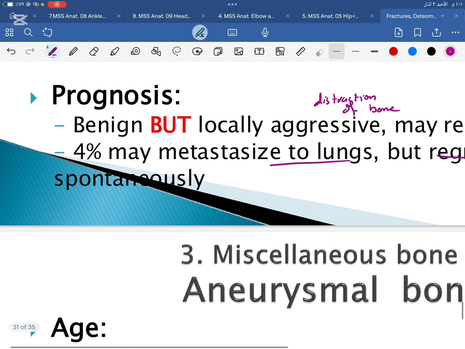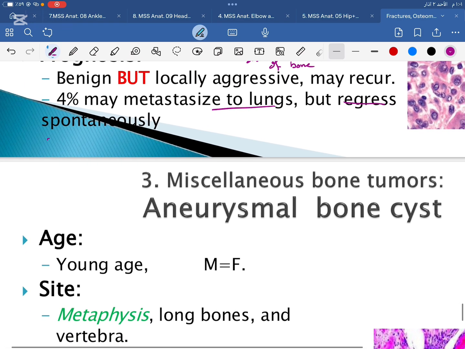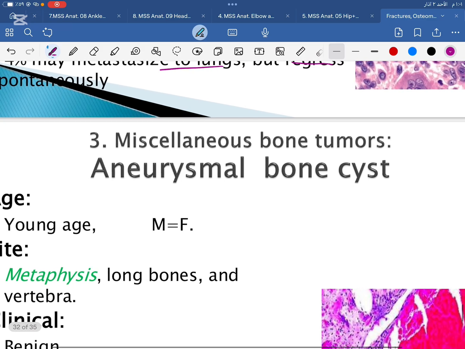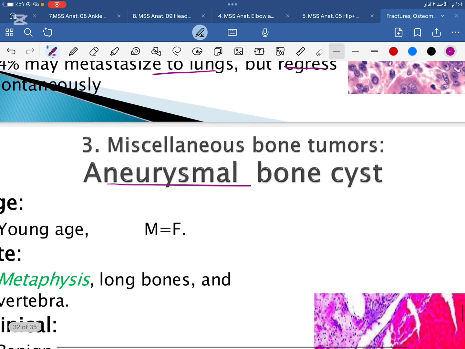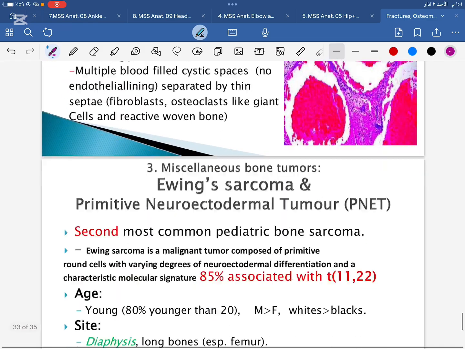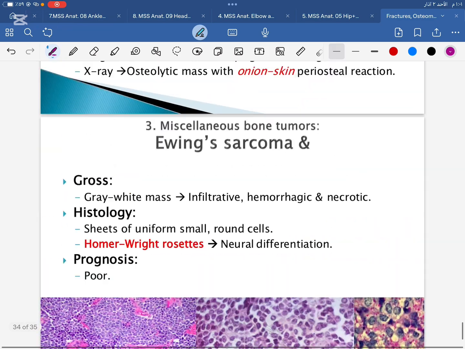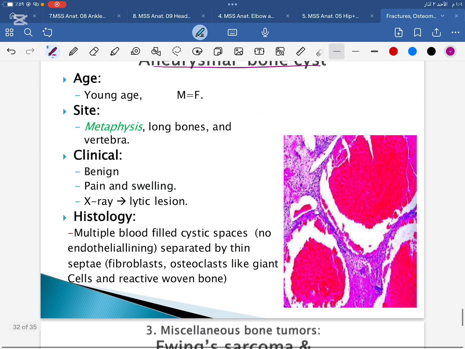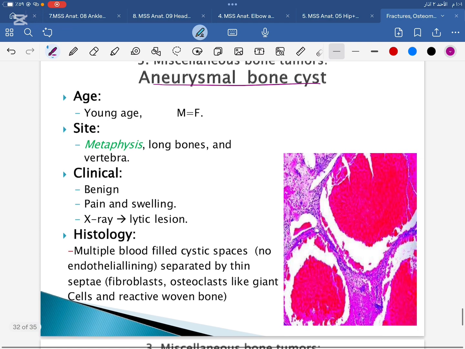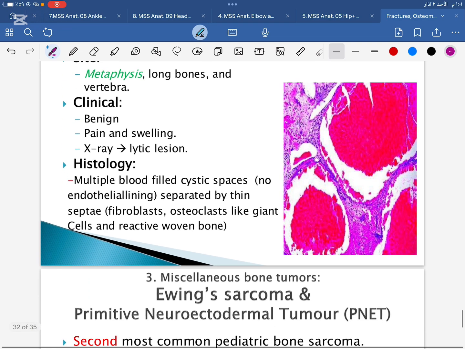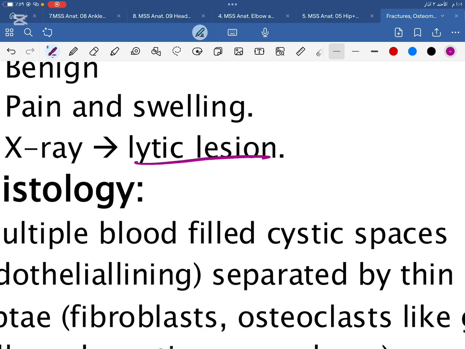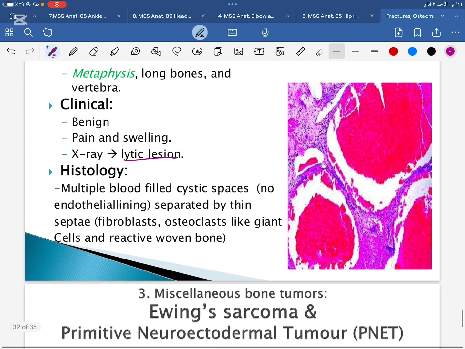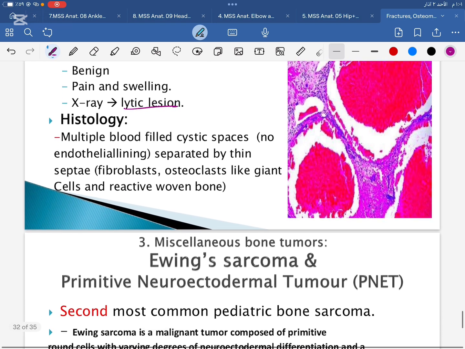Okay, this one اللي هي السيست صح؟ الaneurysmal bone cyst. Okay. Site of aneurysmal bone cyst اللي هو metaphysis. Benign course, it may cause pain and swelling. On X-ray, it's a lytic lesion. Under the microscope, we will see multiple cystic spaces filled with blood.